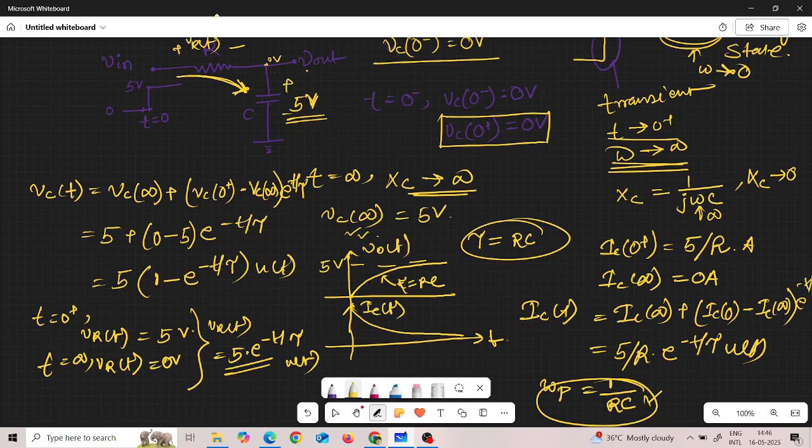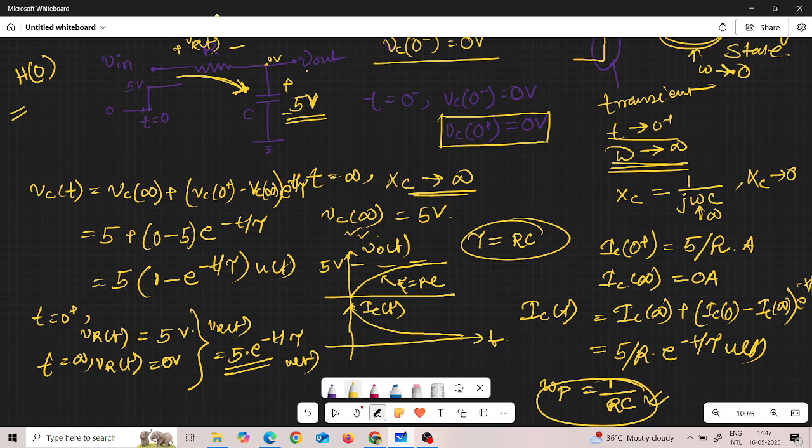And what is the value of the DC gain of this circuit? If you are asked to find the DC gain, just put frequency as 0. In steady state the frequency is 0 and the capacitor acts as an open circuit. So what you give at the input, you will get that signal at the output with a gain of 1. There will be no attenuation in the signal.